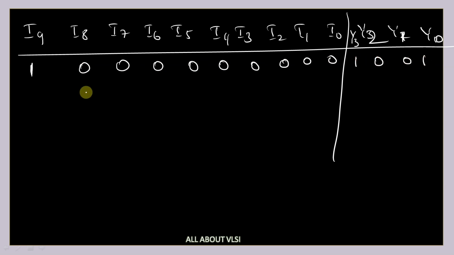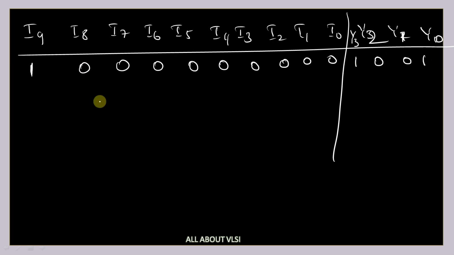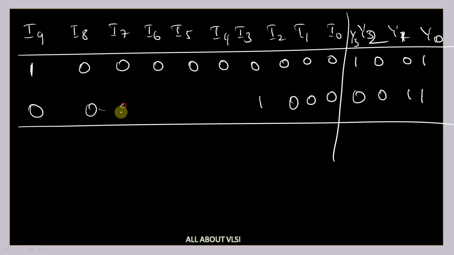So basically you are converting decimal to BCD encoding. Okay, that we have already seen. This conversion we have already seen, but we are learning here with the help of encoders. That's it. Okay, if you are applying I3, then it is nothing but 0011. So depending upon the value you are applying at your input, your output is being decided. Okay. So this is nothing but your decimal to BCD encoder.